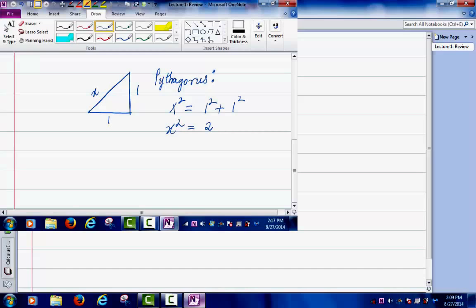What they found out is that whatever this x is, it is not a rational number.